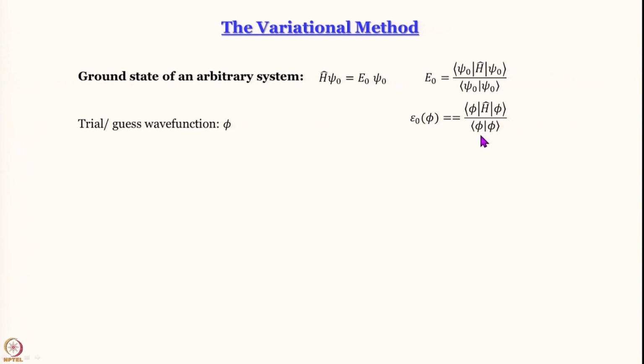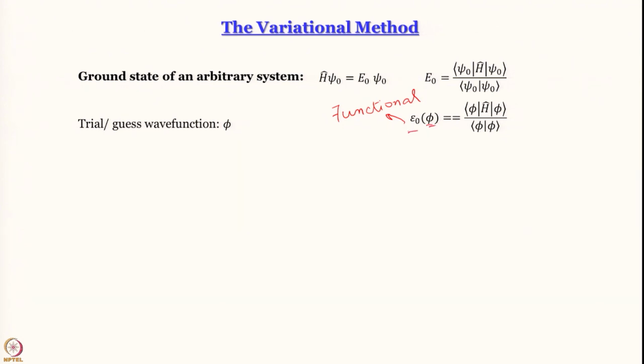And now let me introduce a term before I forget and then I start using it arbitrarily later on. This thing epsilon 0 is called a functional. What is a functional? A functional is a function of functions, which means, see, phi is a function, is it not?